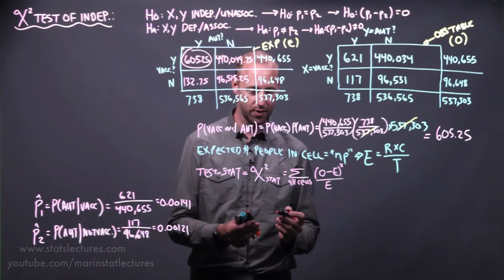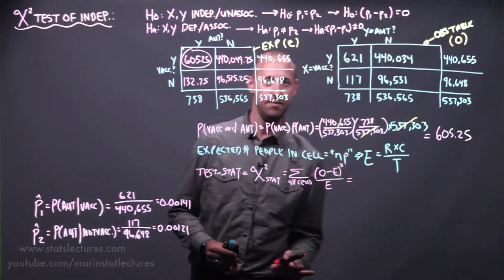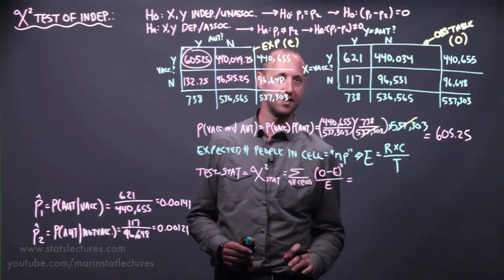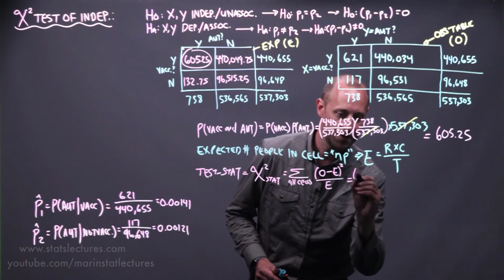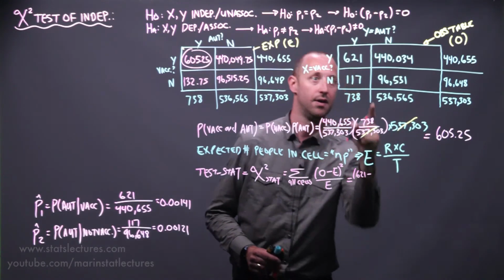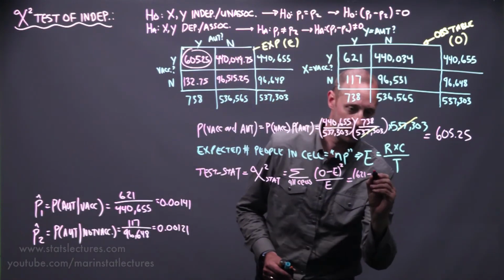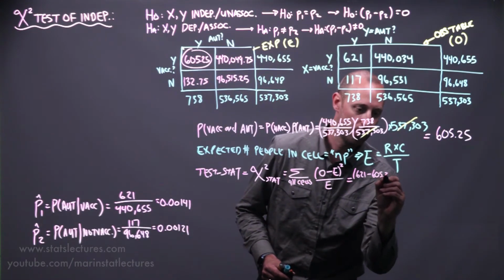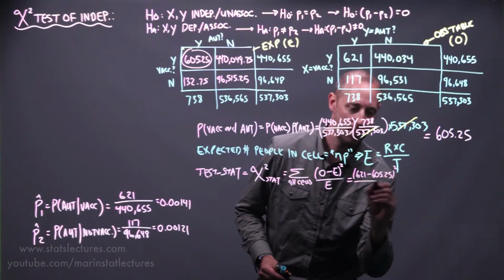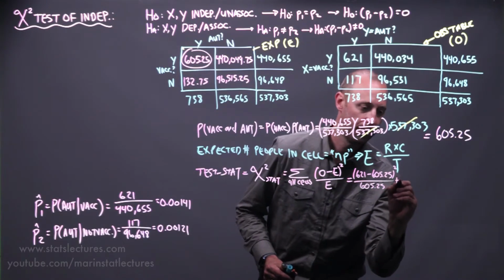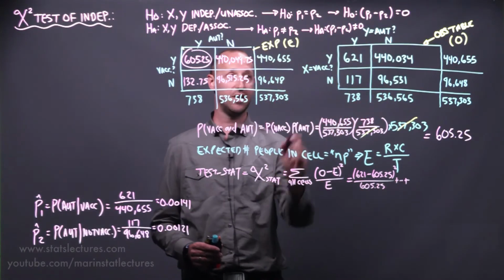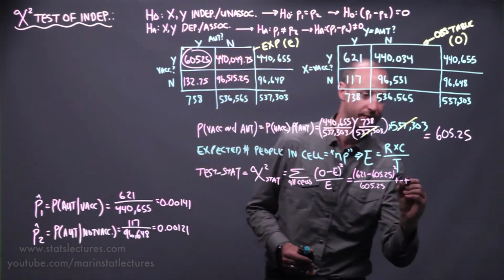Okay, so let's go through and sub in some of these values, just to see how we get ourselves to this test statistic. Let's start with the first cell here. Our observed cell count was 621. And how far is that from the expected of 605.25? We square that, divided by the expected cell count of 605.25. We're going to do this over all the cells, so I'll just jump to the last one here.